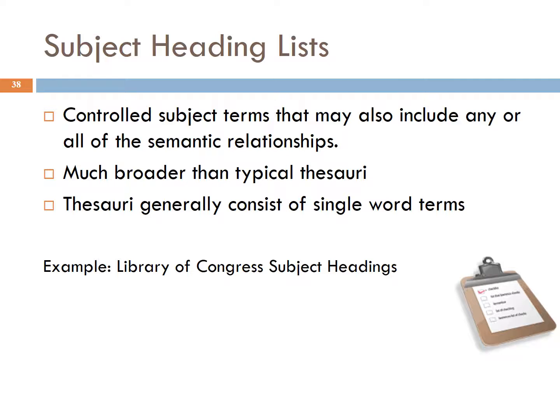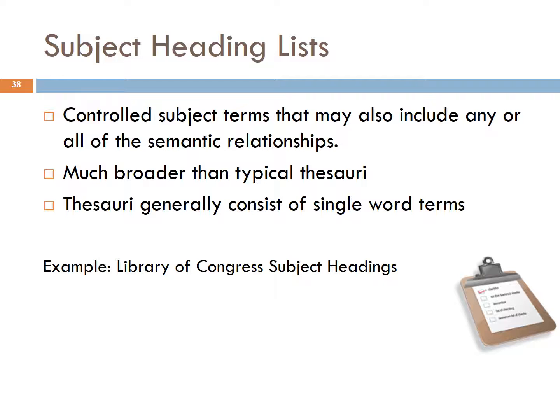Third, most thesauri do not allow for subdivisions to be added to terms, which is very common in subject heading lists. But again, the lines here can be rather fuzzy. For example, the Thesaurus for Graphic Materials does allow for subdivisions, except that it allows only for geographic subdivisions and has a narrower topic domain than the Library of Congress Subject Headings does.